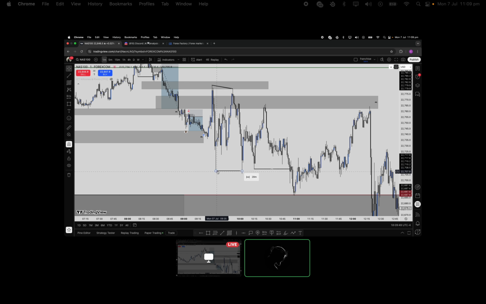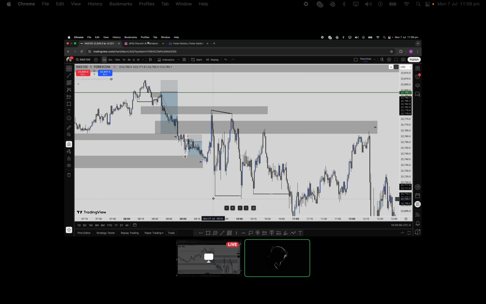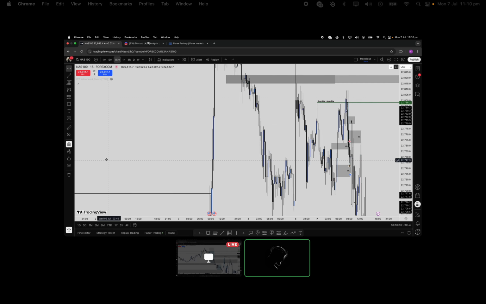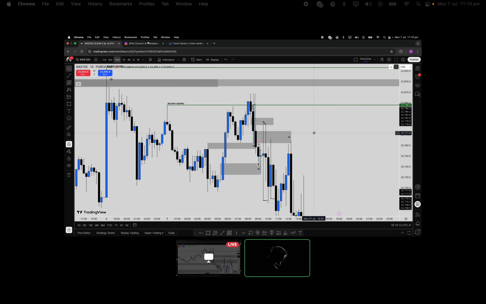Because if we want to return back to this low, we have to go higher first, meaning we need to come up to IRL. So we move up, generating liquidity, come up into IRL, which I believe is a 15-minute, maybe an hourly also.